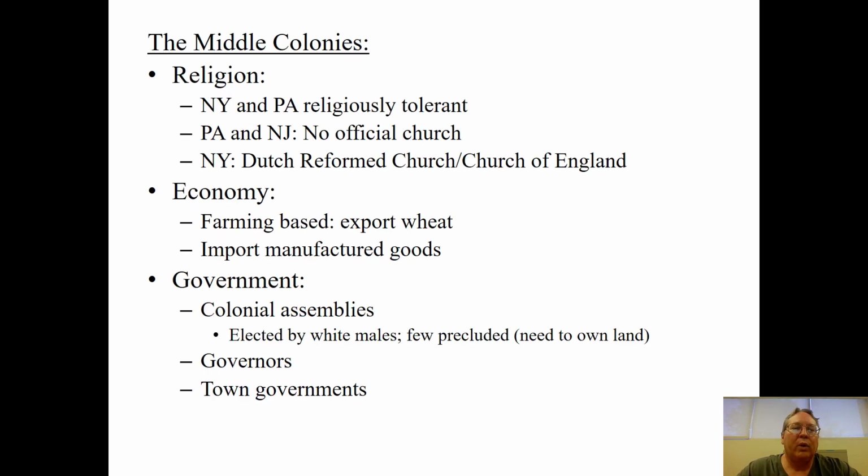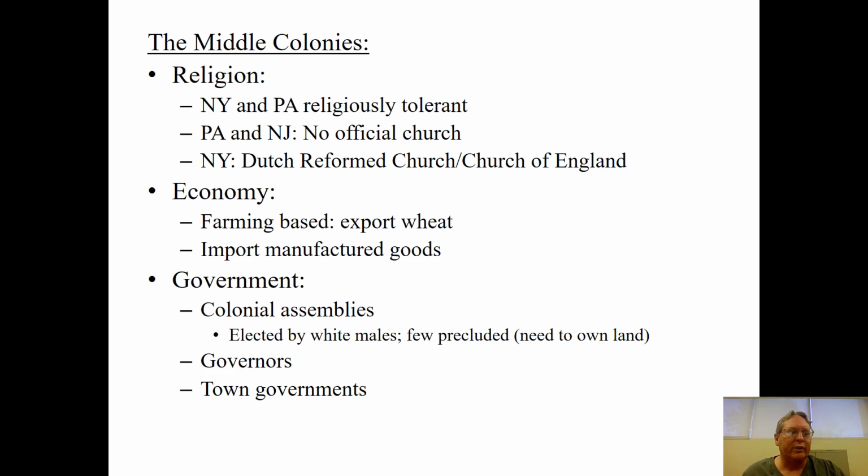Now, what is also interesting is that where the New England colonies are all Protestant all the way, just different types of Protestants, the middle colonies are mostly Protestant, but they're not all English Protestants. New York and Pennsylvania actually are very religiously tolerant. They have to be.